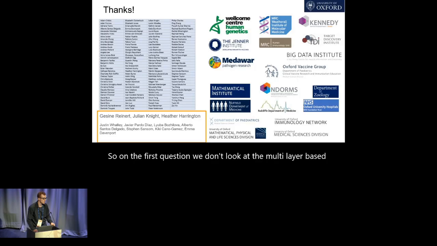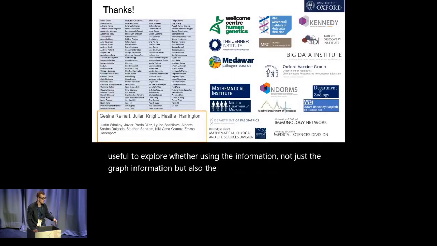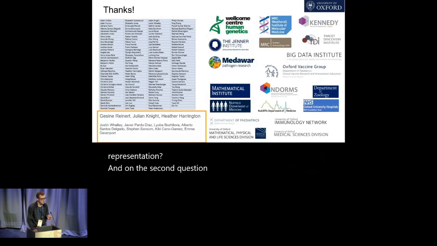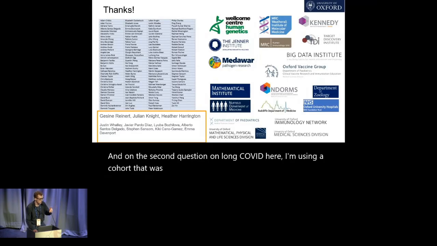So this is something that definitely would be useful to explore, whether using the information, not just the graph information, but also the underlying molecular features information enriches this representation. And on the second question on long COVID, here I'm using a cohort that has been deeply phenotyped, and this recruitment has finished.